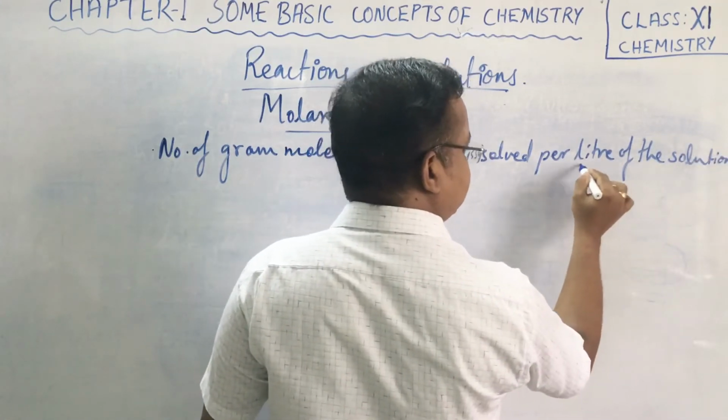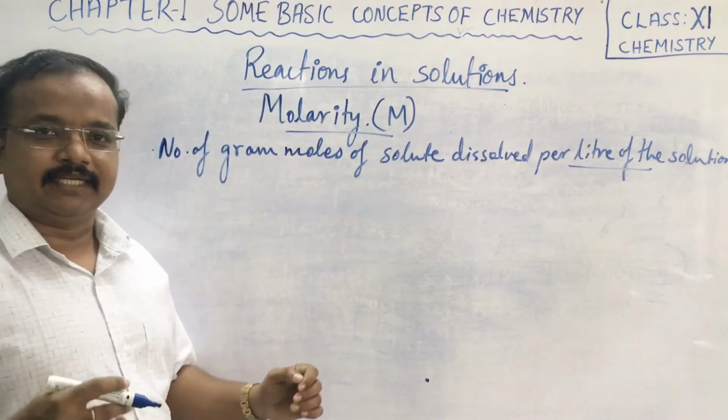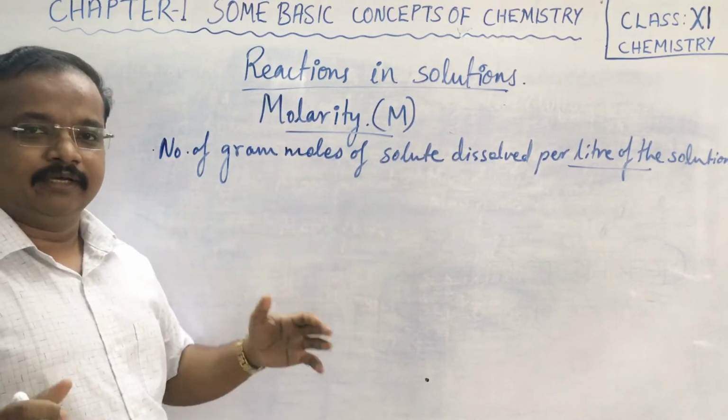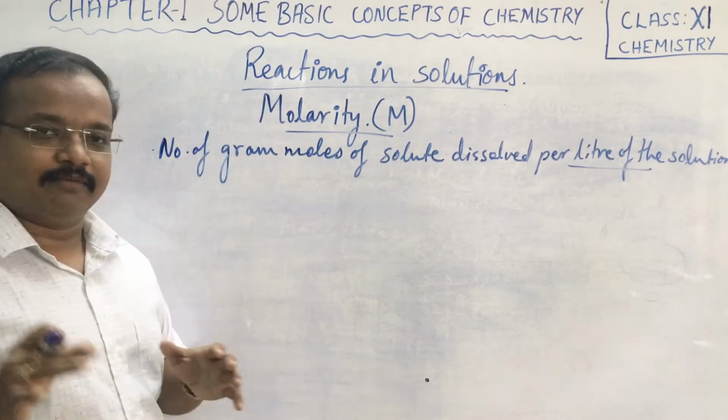Here you have to remember this: liter of the solution. That is very important because one more time we will be discussing molality, where instead of liter of solution, we take a kilogram. Okay, that is the main difference between molarity and molality.